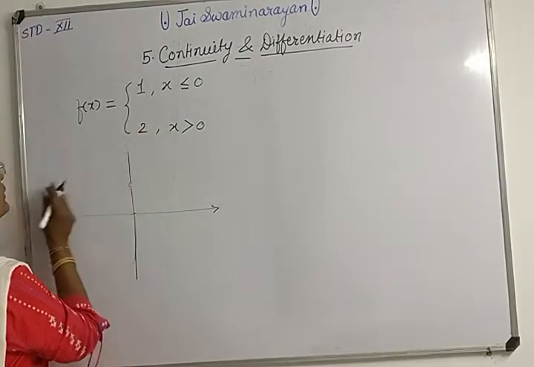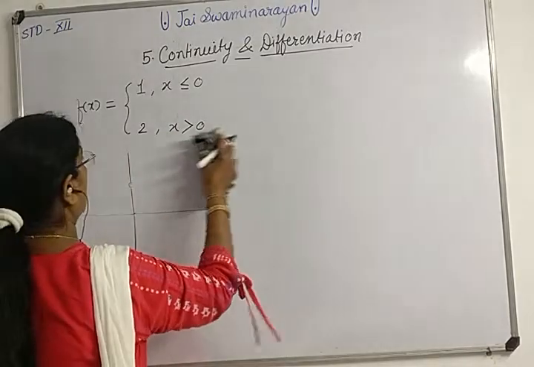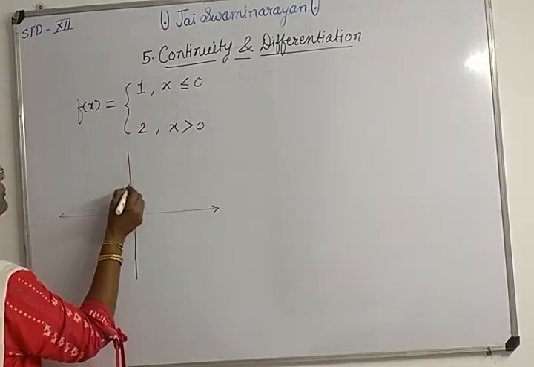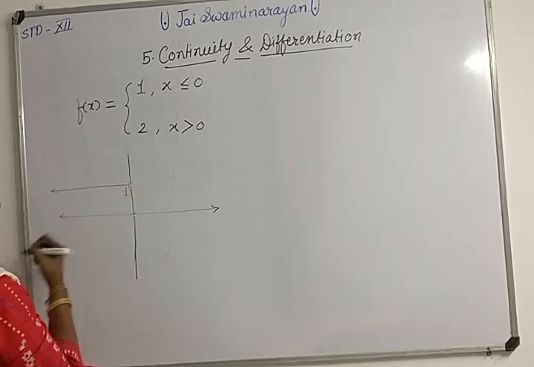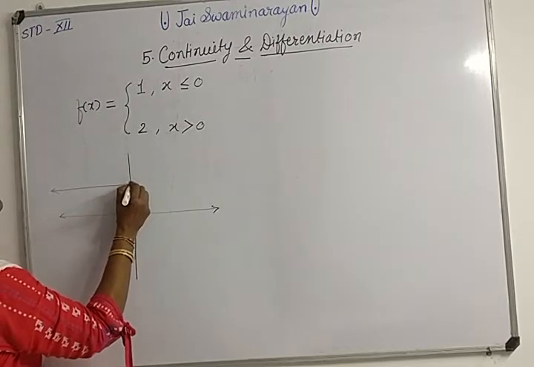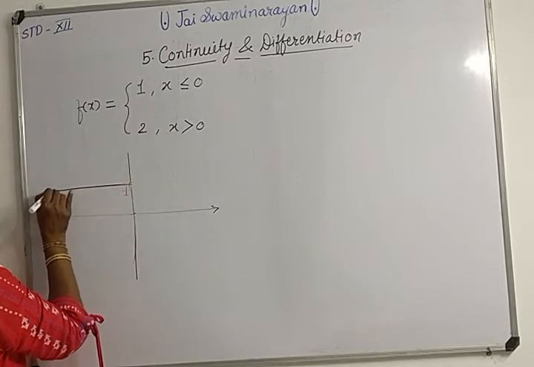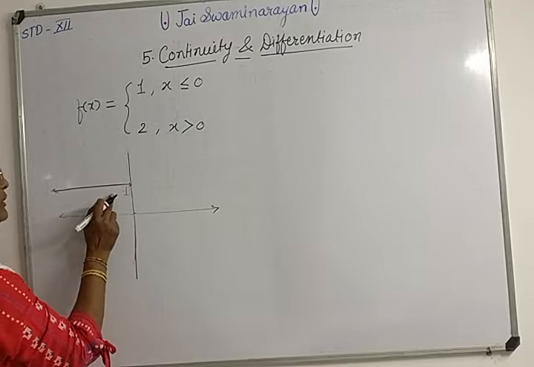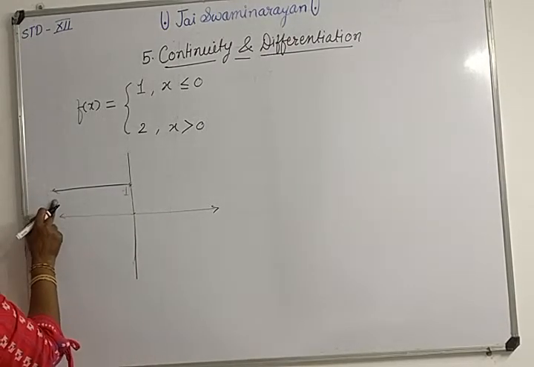To the negative side of x, the value of y is 1 only. So this function is continuous from this side. At x equal to 0 also the value is 1, and for all negative numbers, the value of y is 1.